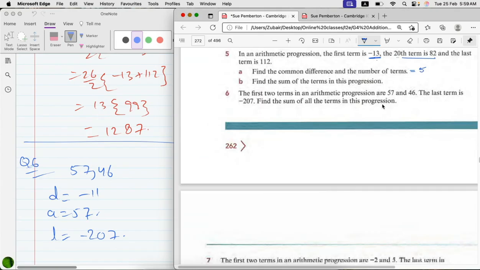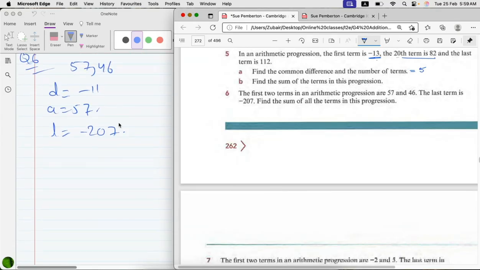Try this. So we have the first term, difference and last term. If you could figure out n, we can find the sum of all the terms.